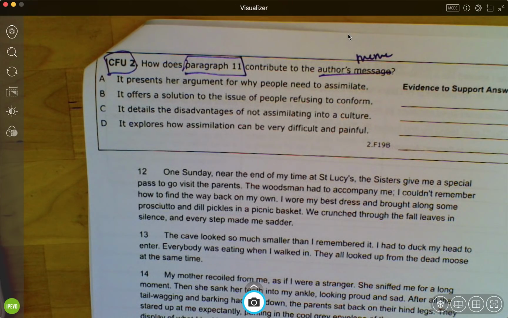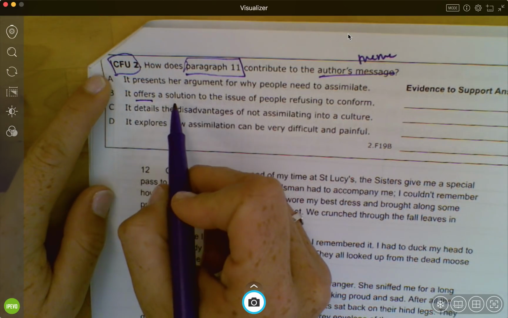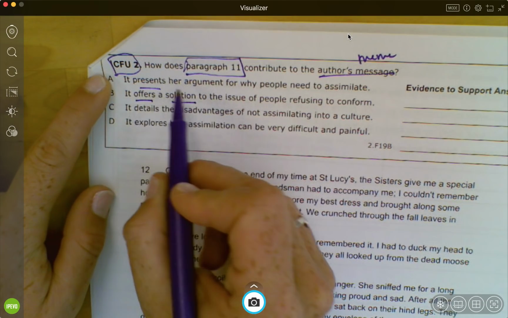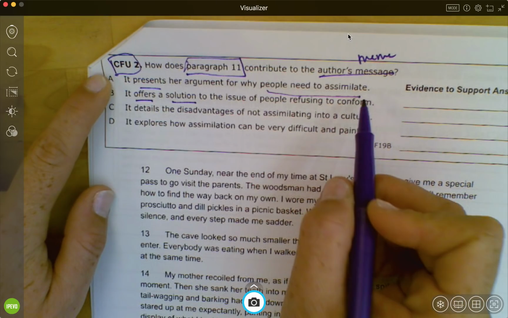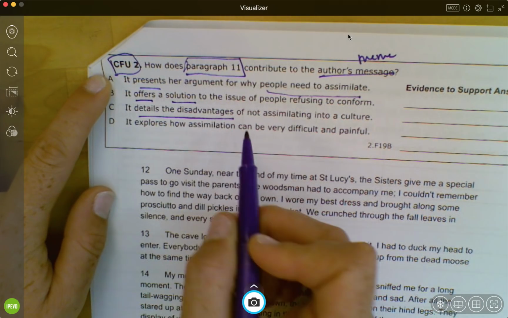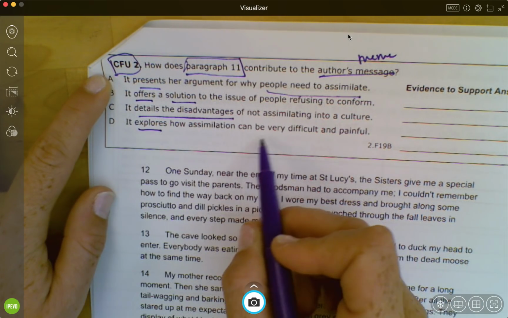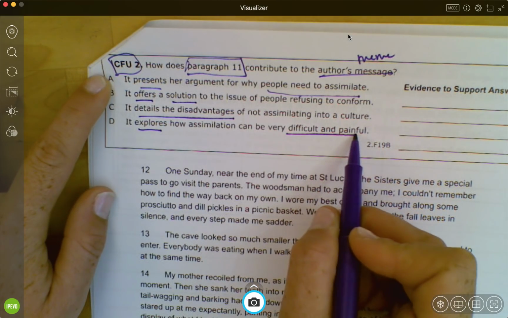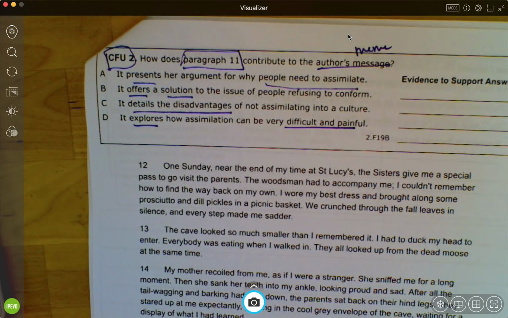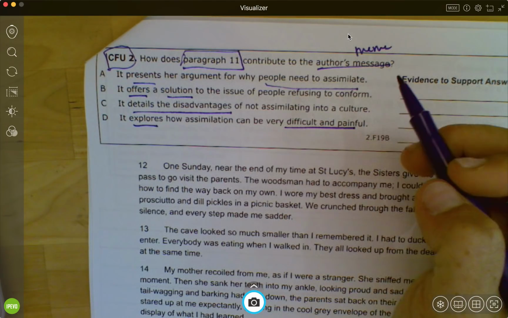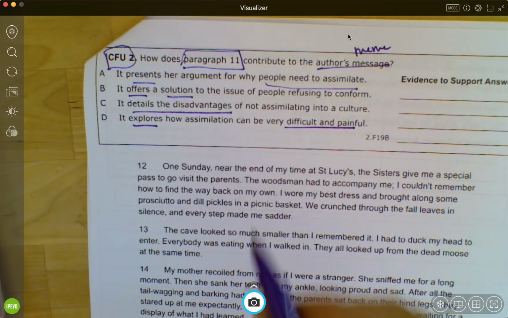What is the author trying to get me to think about or to understand about St. Lucy's and the argument that it's presenting? So, like, offers a solution, presents people need to assimilate, details disadvantages, explores difficult, all right?